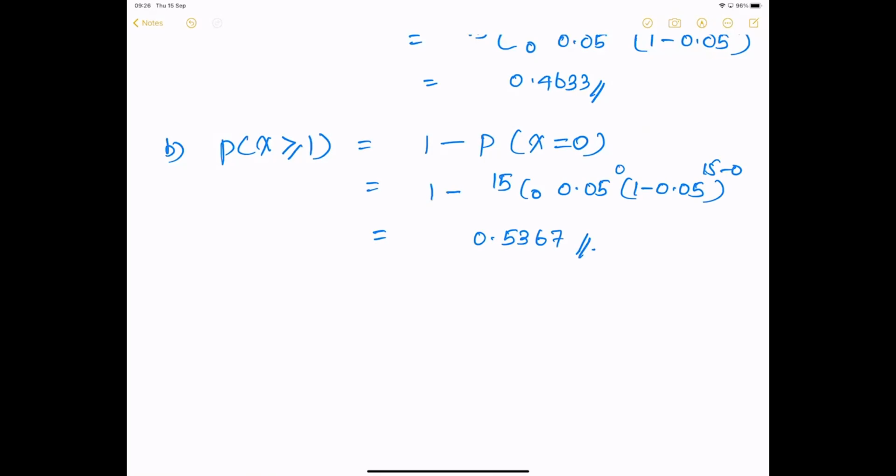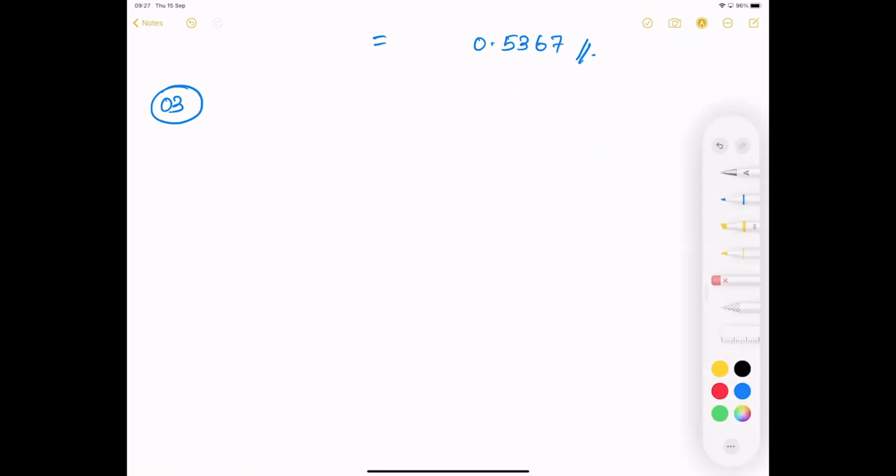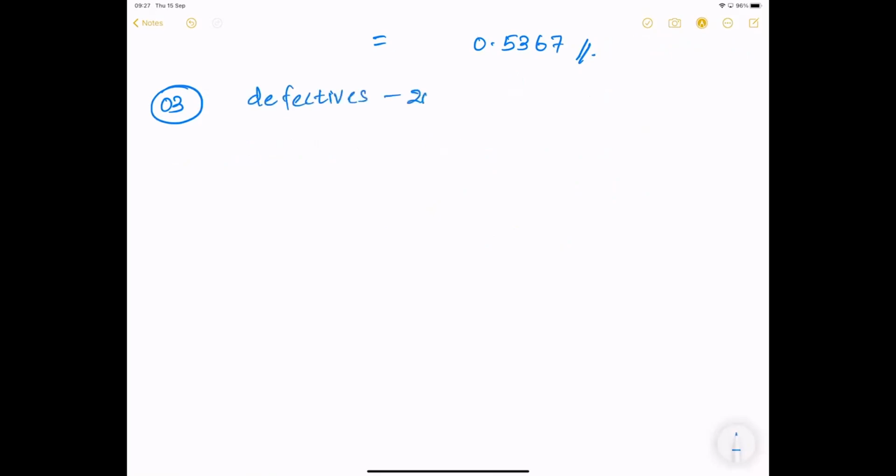So let's see the third question. At ACME Rivet and Machine Company, a process produced 20% defective items, right? 20% defective items, right?